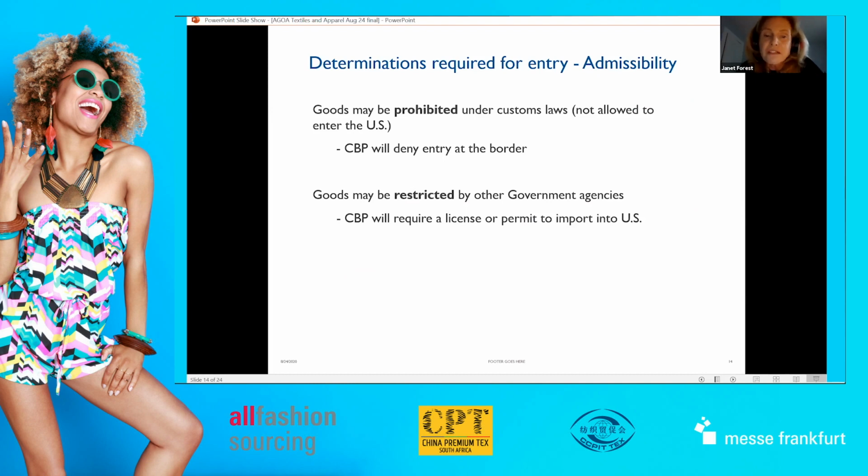All of these agencies can have requirements that you have a license or a permit before you bring the goods into the US. And they determine what's needed for the license or permit, but the Customs Service enforces this at the border.